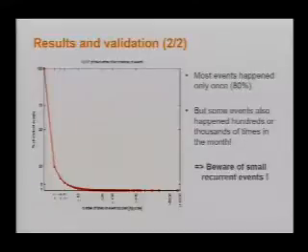So we can see that 80% of events are seen only one time, but there are events that can be seen more than 6 times. There is one event that was seen 60,000 times. So these are recurring events that can never be seen with previous approaches.